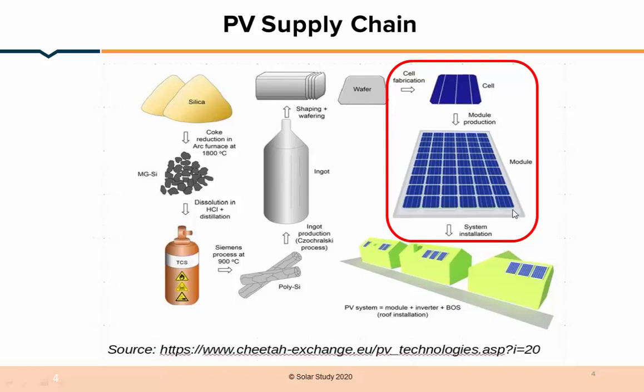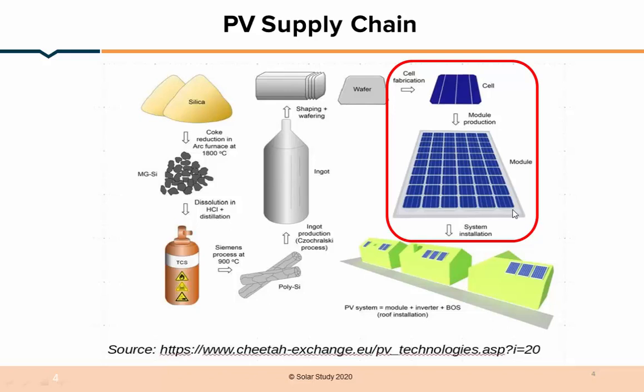In this image, see what we do. First, we get silica. Then comes coke reduction in the arc furnace, where they heat it with coke. Then they do distillation with dilution in hydrochloric acid. Next, they process it in a 900 degree Celsius furnace.